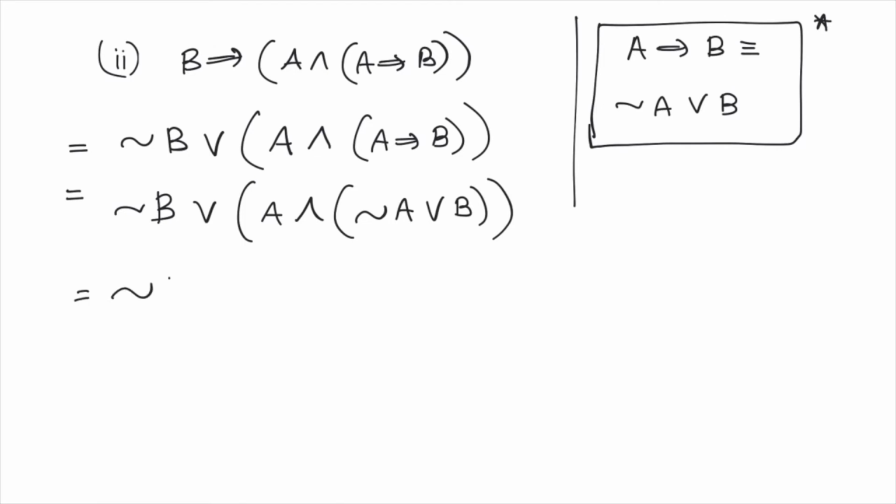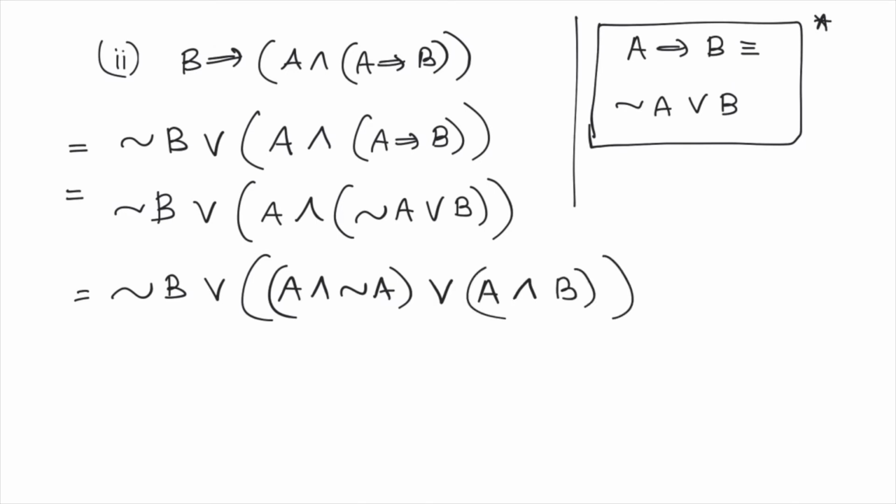So this is negation B or A and negation A, I'm using distributive property here, or A and B. So this is negation B or A and negation A. A and negation A is always going to be a contradiction.